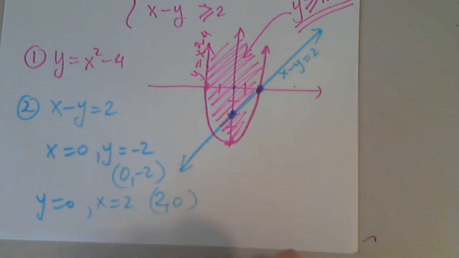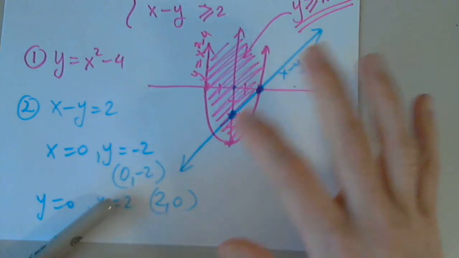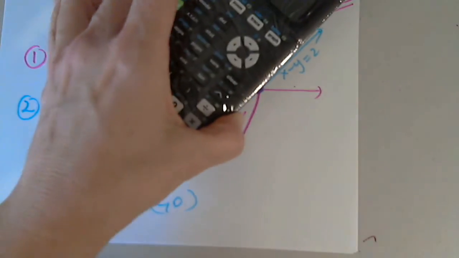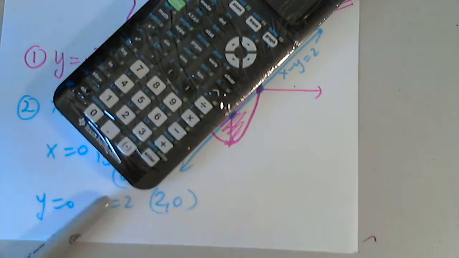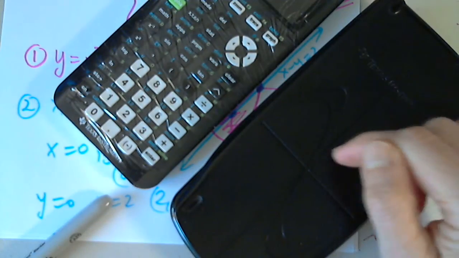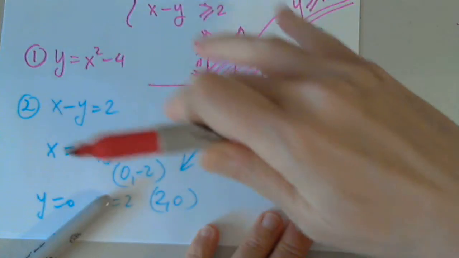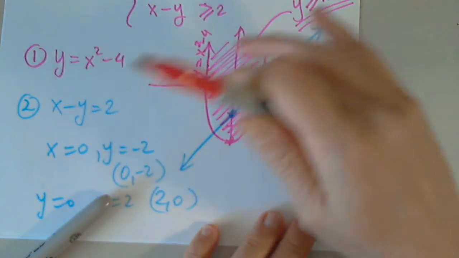Okay, at this point, I see that the line divides the territory into 2 parts. One part is above the line, and the other part is below the line. So remember, I will check one or the other. I prefer to check this one because it has the origin, and that's the easiest point to work with. So I'm checking this area. If it's true, I will shade it in.